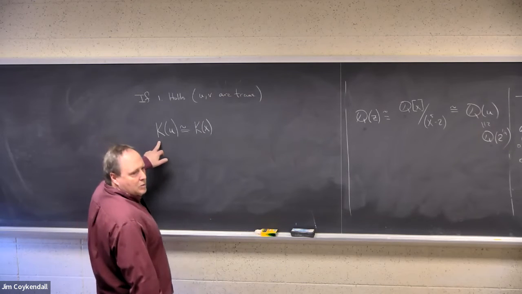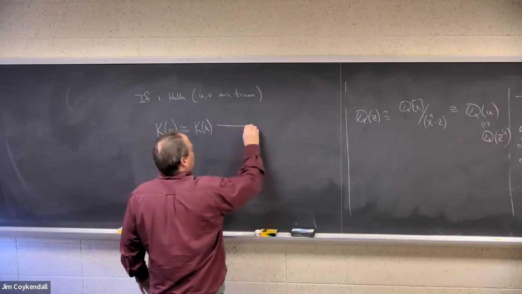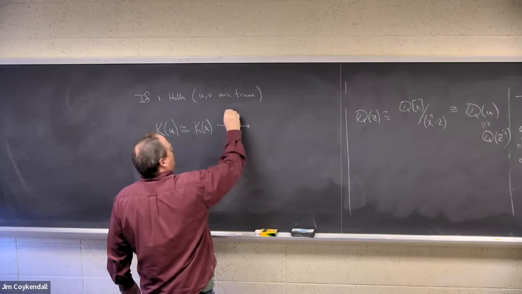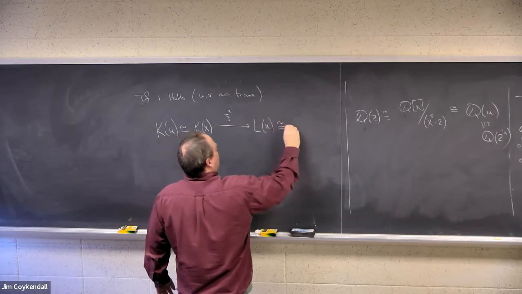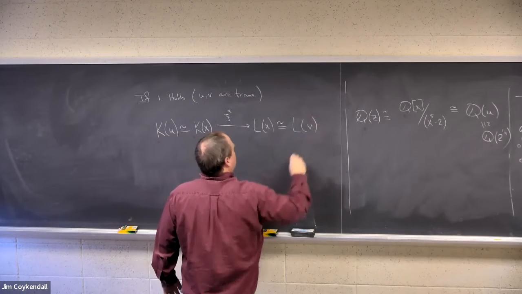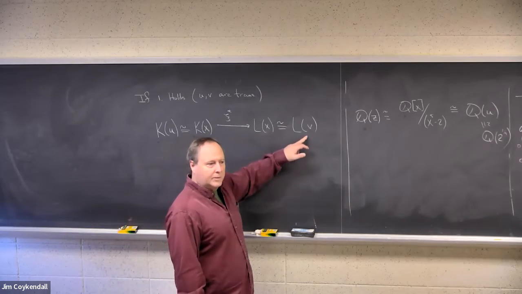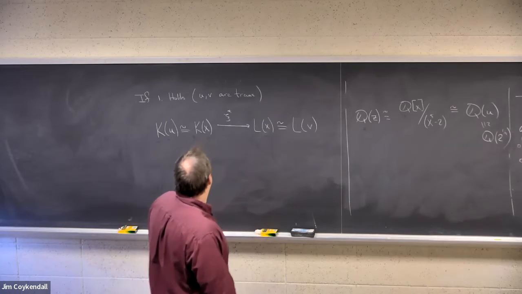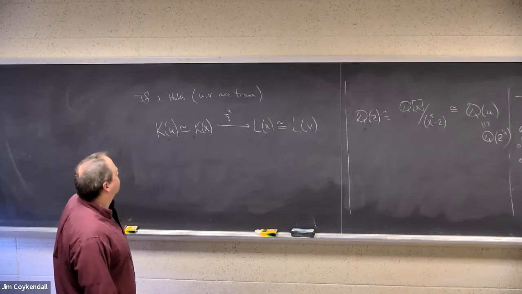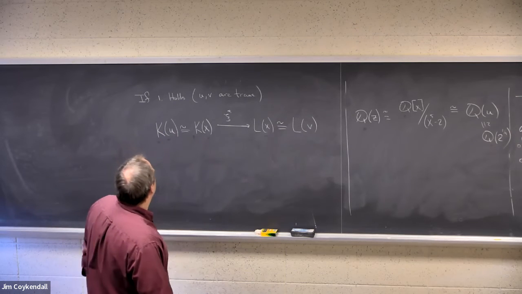We know that K(u) is isomorphic to K(x). So just compose these three isomorphisms, and you get K(u) is isomorphic to L(v). And this preserves K as well.